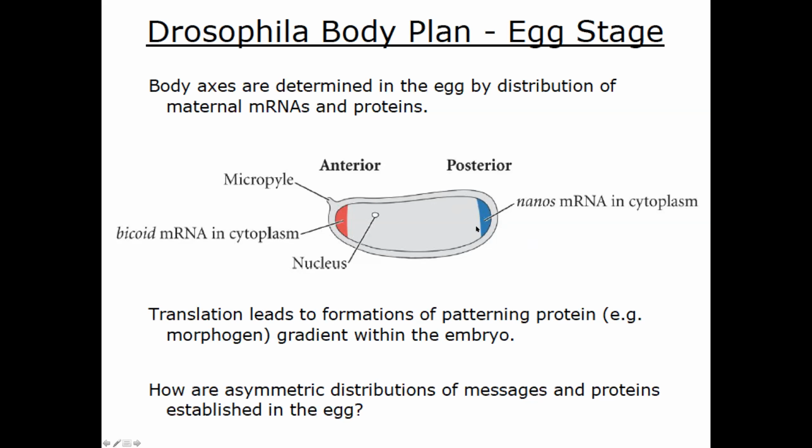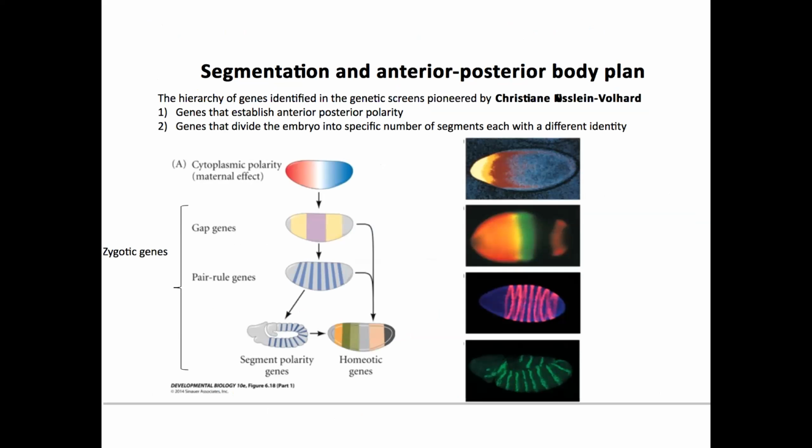Now, what does the anterior posterior axis do? Essentially, the anterior posterior axis sets up the basic body plan of the animal. With the establishment of the anterior posterior axis, you will see that the repeating units that one sees in the context of development are established by this axis.